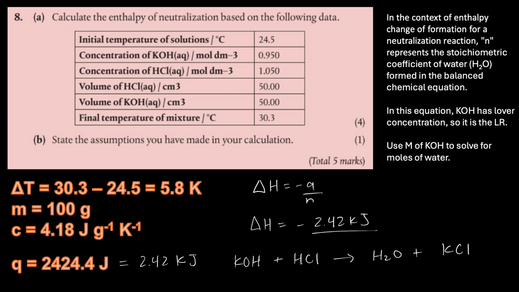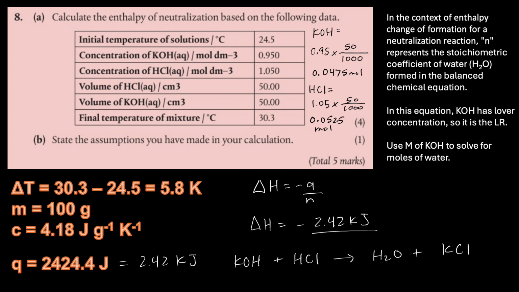And volume, we can go ahead and solve for moles of our KOH and moles of HCl. So if we were to solve for moles of our KOH and HCl, we would get 0.0475 moles of KOH and 0.0525 moles of HCl.